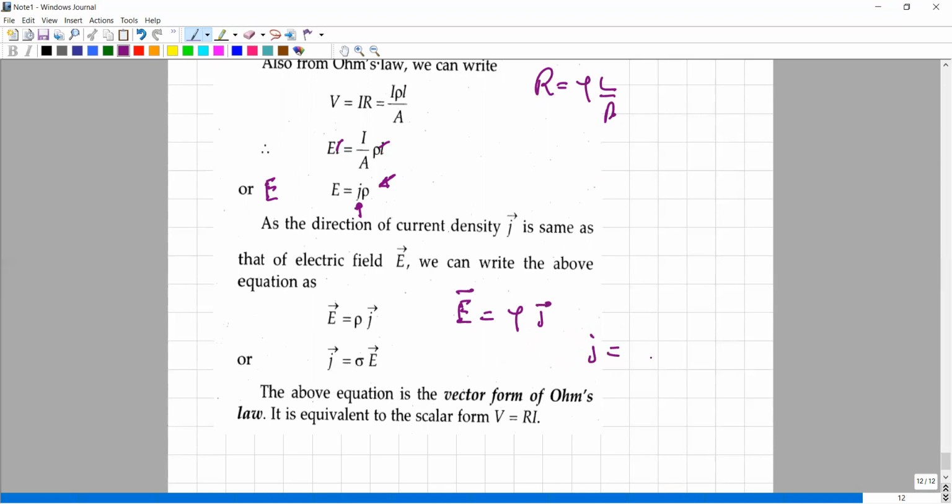Since 1 over resistivity is conductivity, if you rearrange the equation, J is equal to conductivity into the electric field. This is called the vector form of Ohm's law. It is equivalent to V is equal to IR.